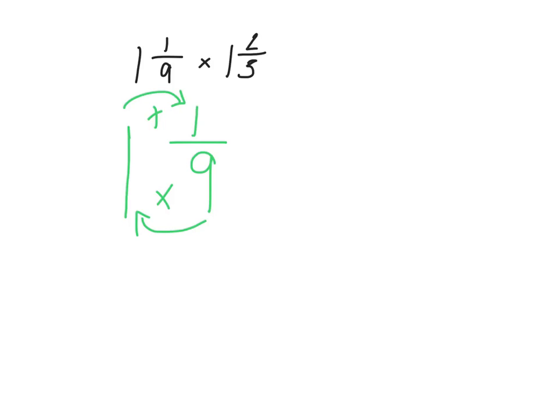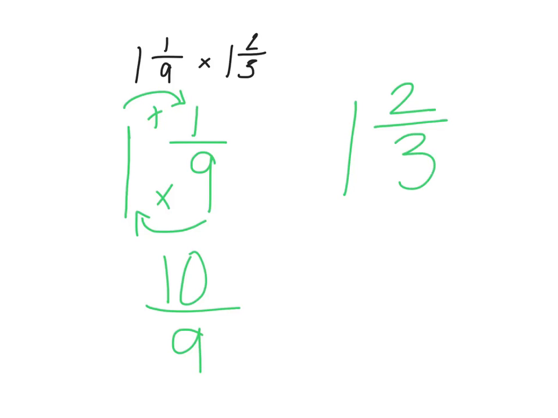So 9 times 1 is 9 plus 1 is 10. 10 ninths. And then we have 1 and 2/3. 3 times 1 is 3, plus 2 is 5, and we have the same denominator, 5/3.